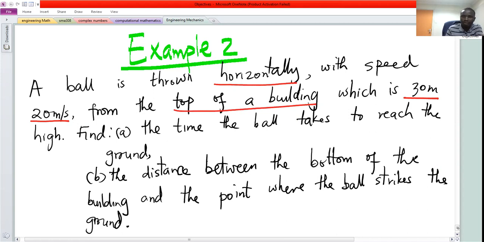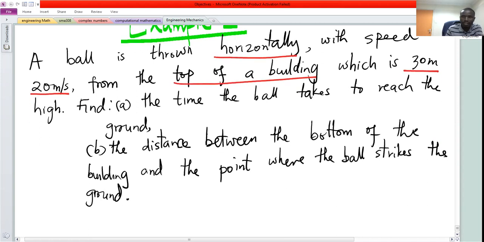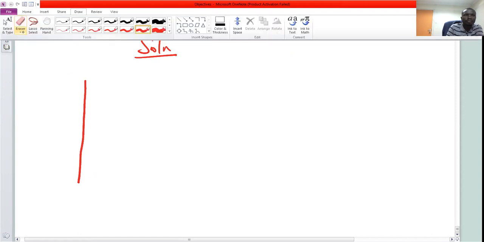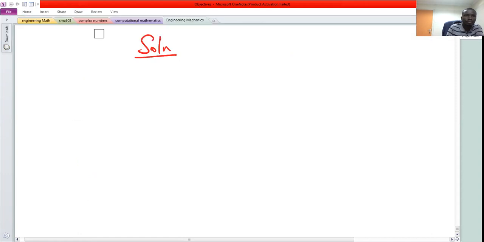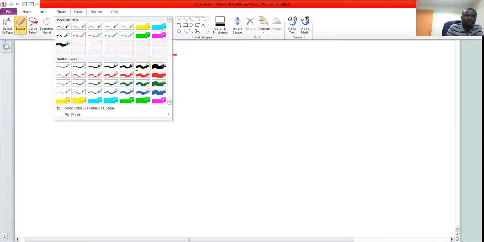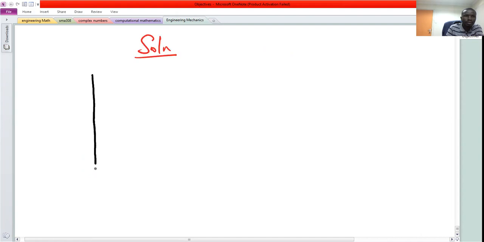So from that information, we can have the sketch. Assume this is a building, and this is the ground.